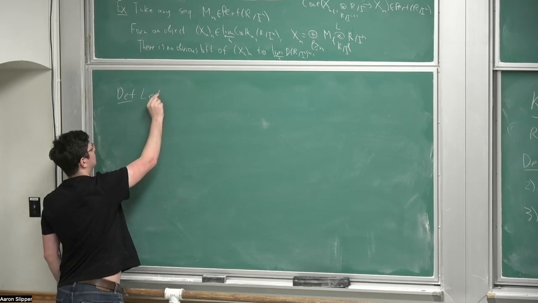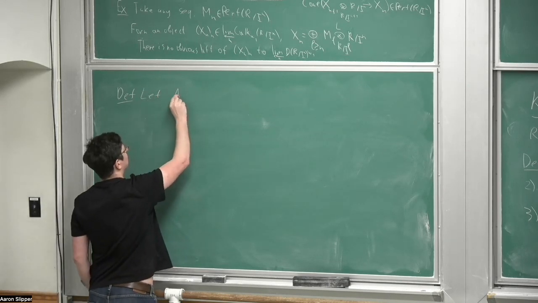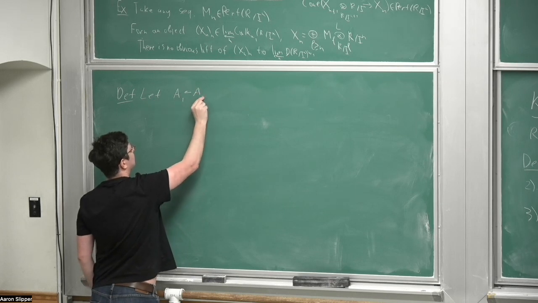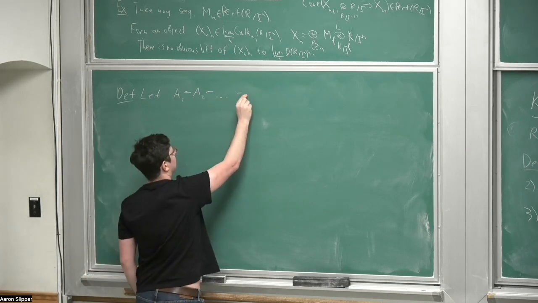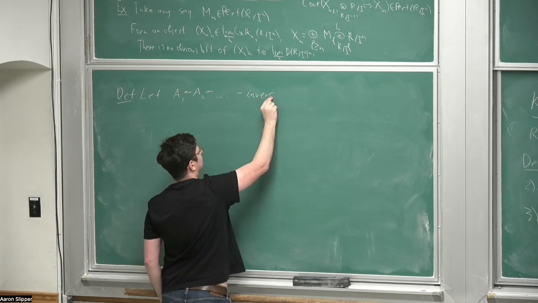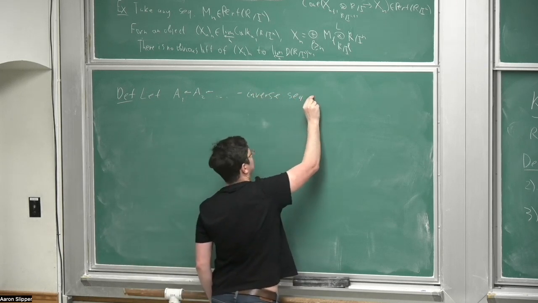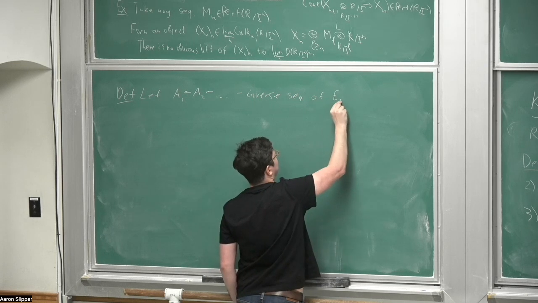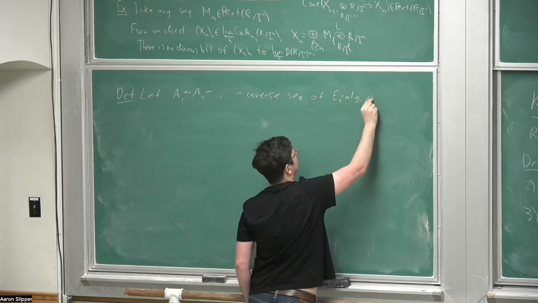So let A1, A2, and so on be an inverse sequence of E1 algebras over some base ring K.